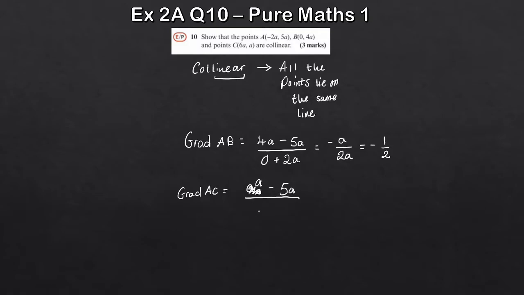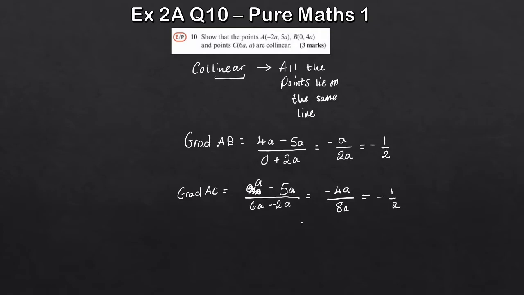Then in my denominator, it's going to be 6a minus 2a. Okay, but it's minus 2a, so sorry, that's going to be plus 2a. So I'm not off to a good start. That's minus 4a in the numerator, and in my denominator, we get 6a plus 2a, giving us 8a. So don't make the same mistakes I do. But if you cancel this down, simplify it, you get minus a half as well.